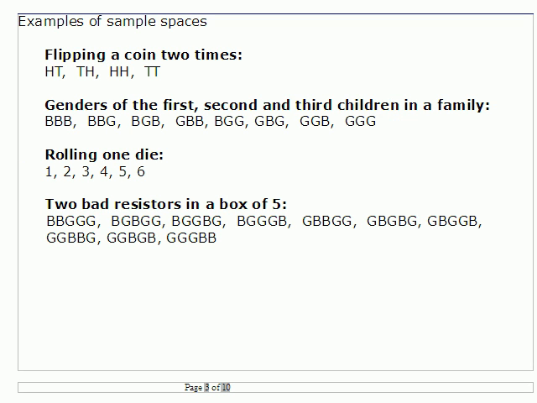So here are some examples of sample spaces. Let's say you're going to flip a coin 2 times, and that's going to be your experiment, 2 flips. What could turn up? Heads, tails, tails first, then heads, 2 heads, and 2 tails. There's your sample space. That's all the possibilities of what can happen flipping that coin 2 times. Let's say you have a family with 3 kids in it, and so you're going to list whether you've got girls or boys and what combination there are.